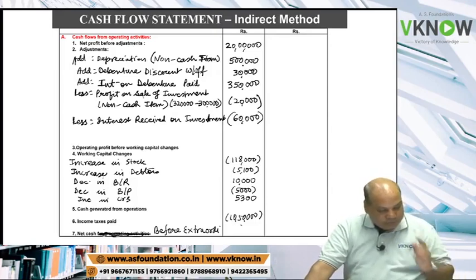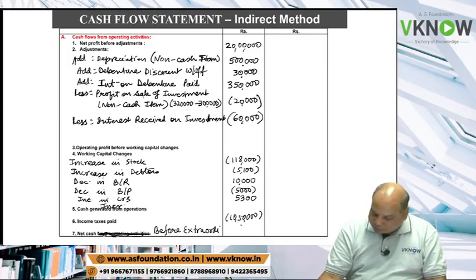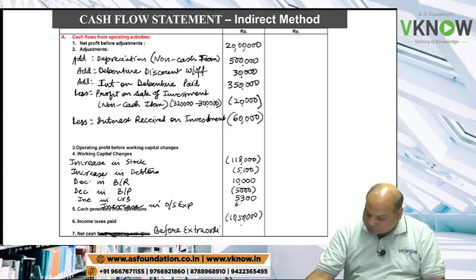And one more, increase in outstanding expense. 81,800 minus 75,000. So that will be 6800.